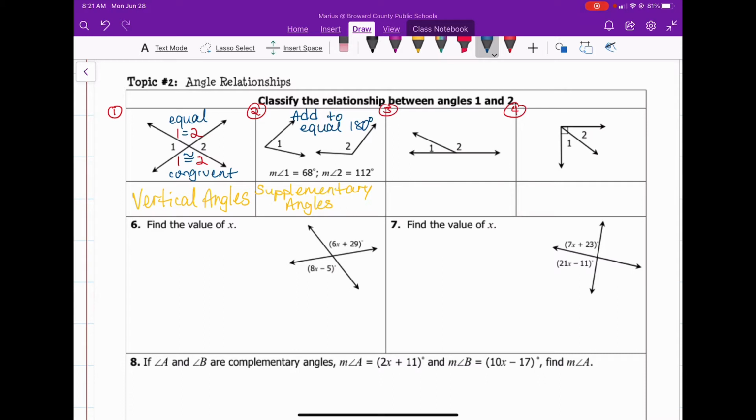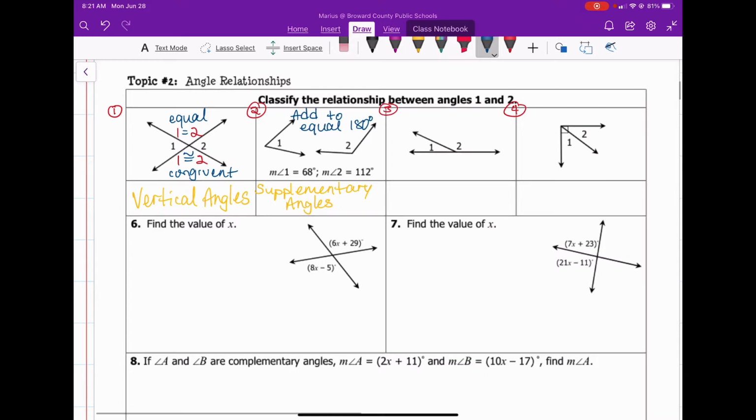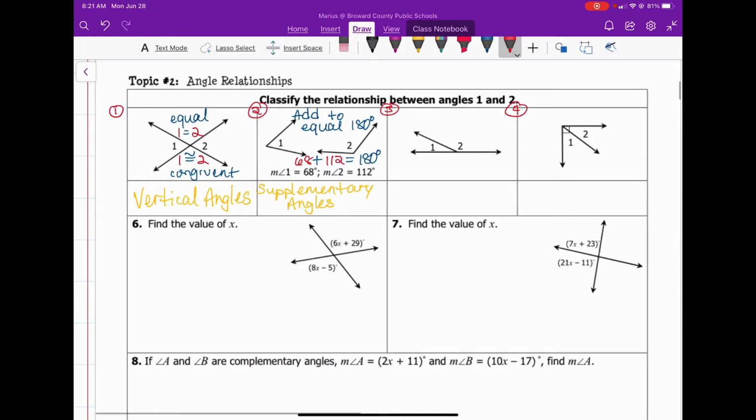Okay? So this equation can be written like this, where you do 68 degrees plus 112 is equal to 180. Or we could say angle 1 and angle 2 add to equal 180. Okay?